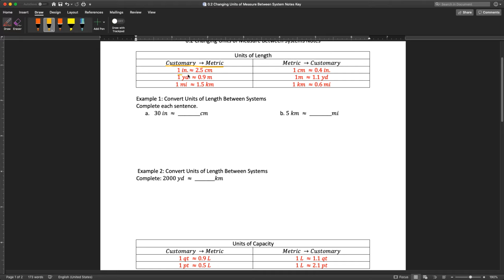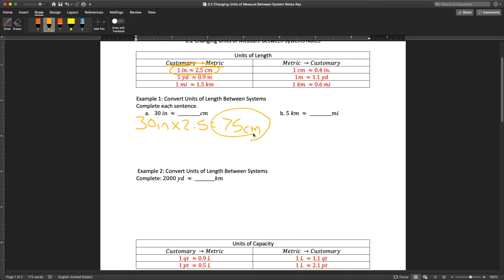So we're using this relationship of 1 inch is 2.5 centimeters. So with that information, we're going to take our 30 inches and multiply it by 2.5 to give us an answer of 75 centimeters.